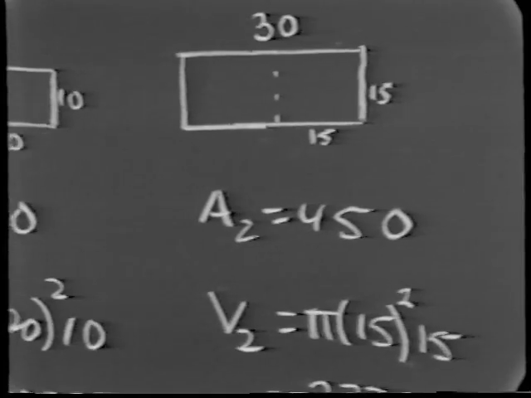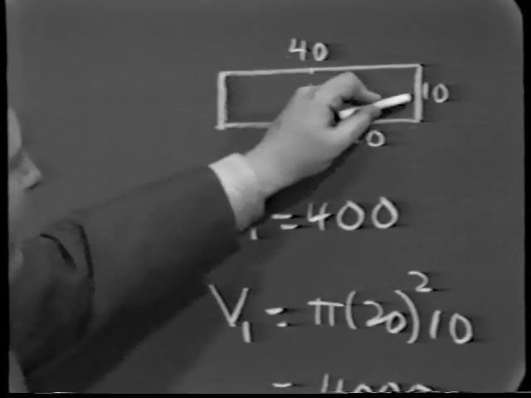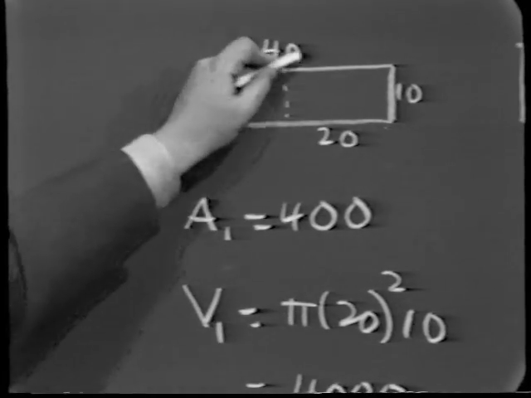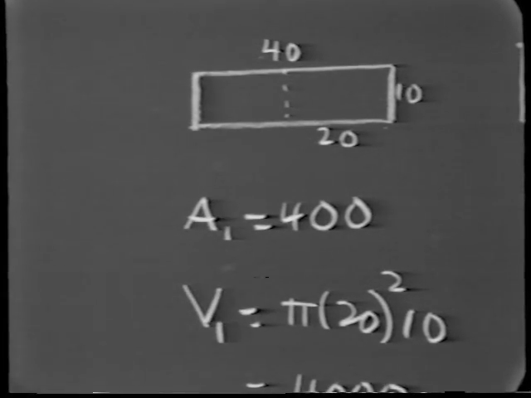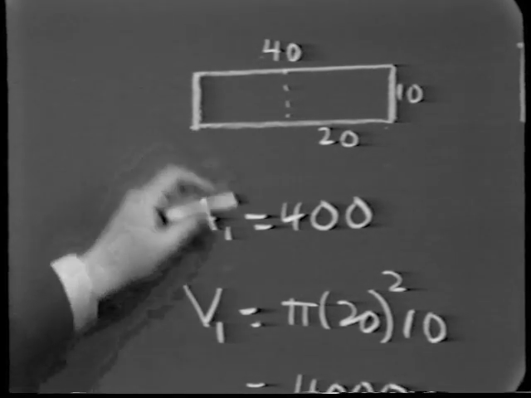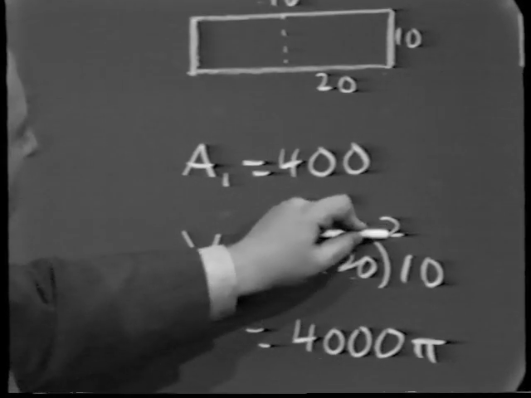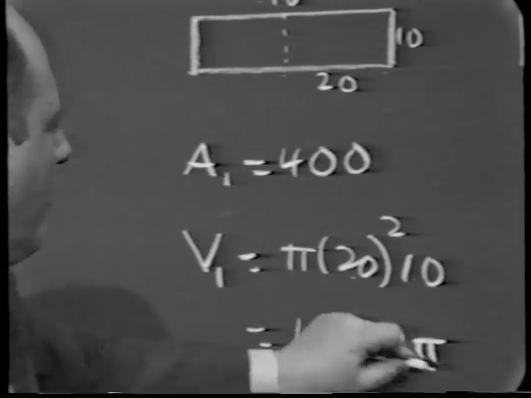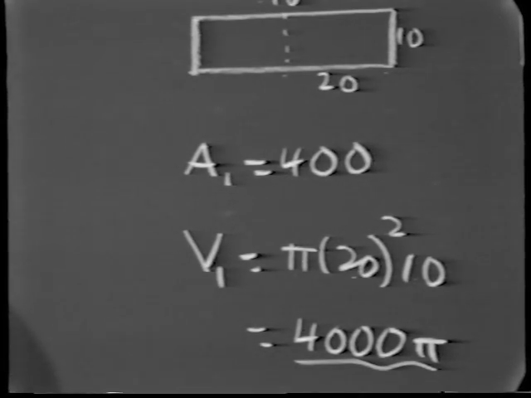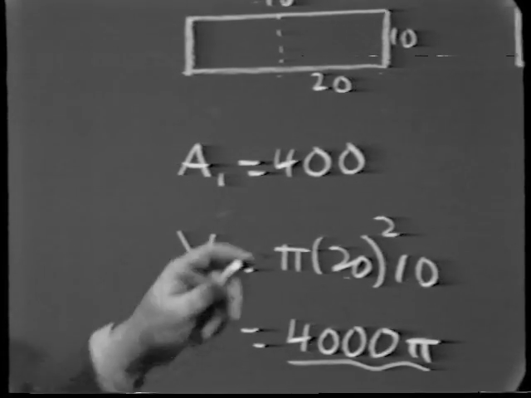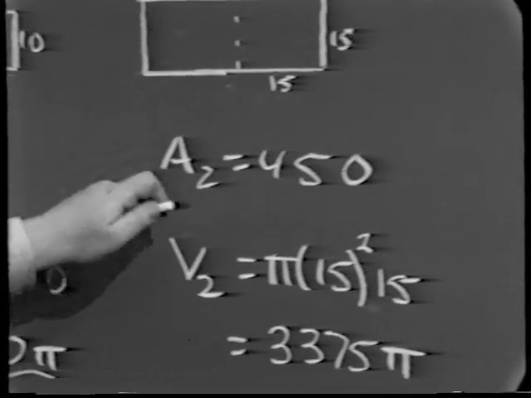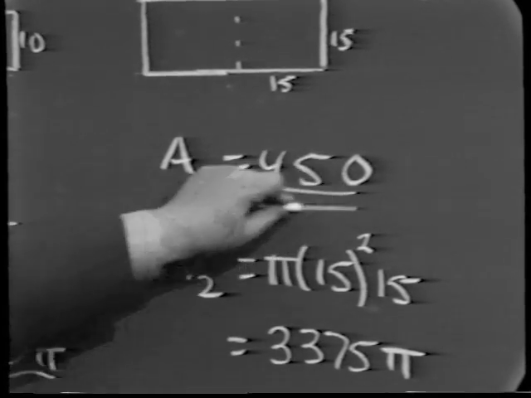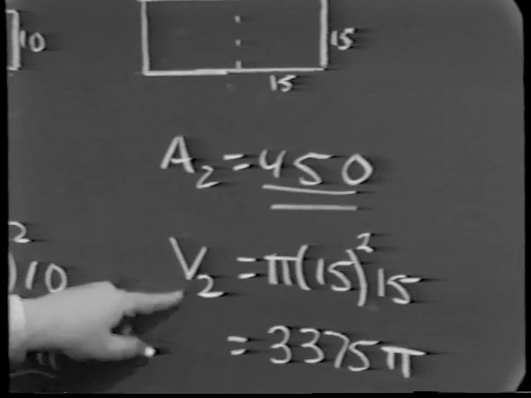Now, look at this. If we compute the area of this particular rectangle, 40 times 10, it's 400. On the other hand, the volume is what? Pi times 20 squared, the radius of the base squared, times the height, which is 10, and that yields a result of 4,000 pi. On the other hand, if we look at our second rectangle, its area is 450. But its volume is what?